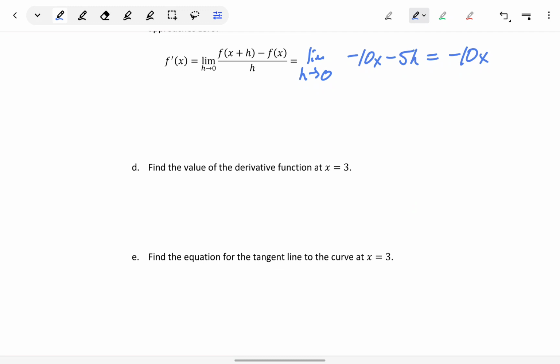Now we have two new pieces for our problem. In part D, we want to find the value of the derivative function at x equals 3.